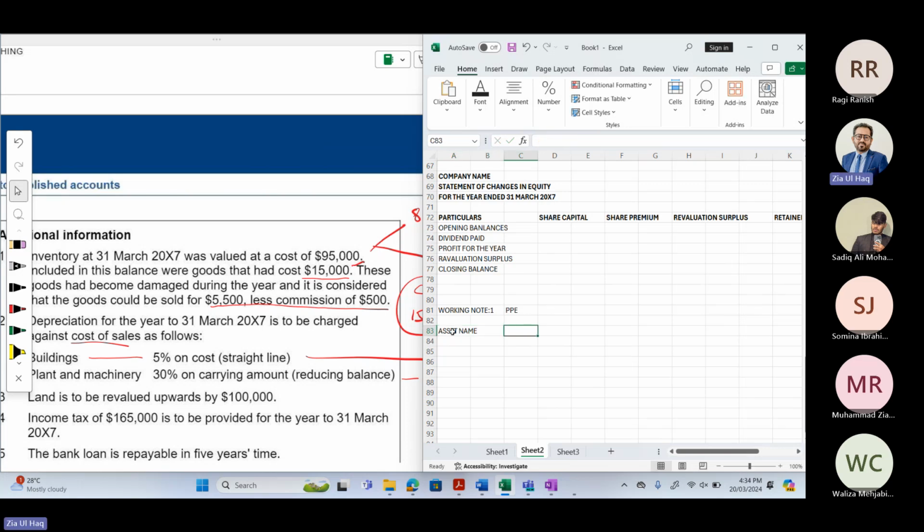We need the opening balance, say cost, any addition, any disposal, and there is a revaluation as well.